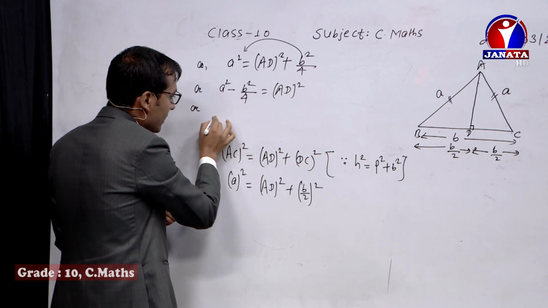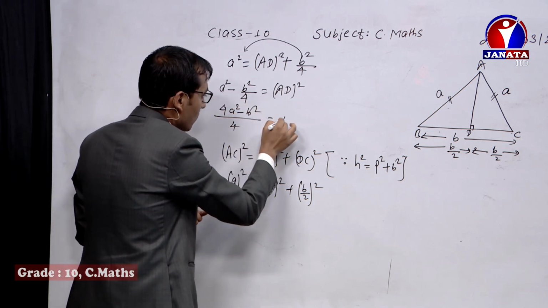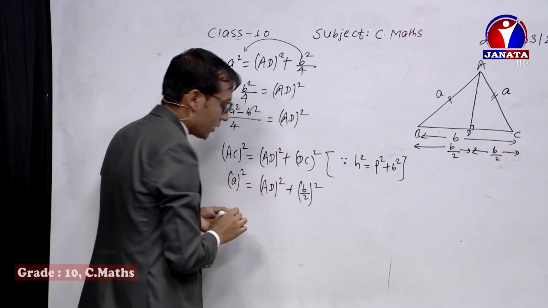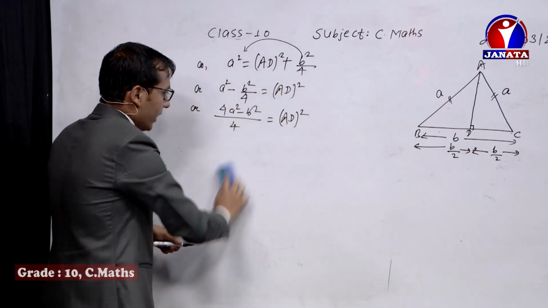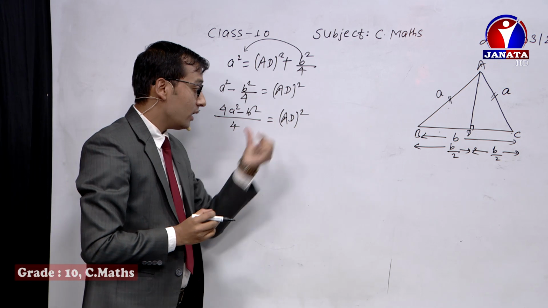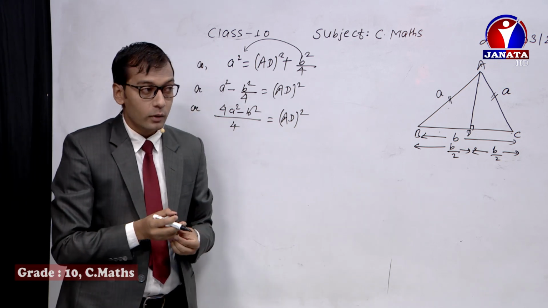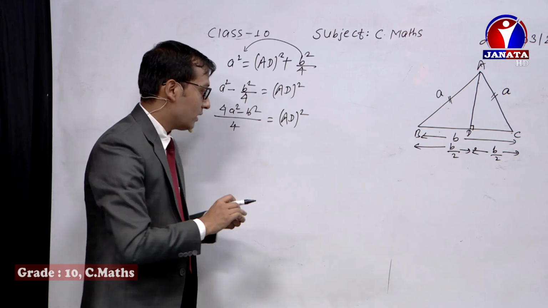Let's take 4 as LCM: 4 times A square minus B square over 4 is AD square. Now we can see on the right hand side it's AD square, and we are searching for AD. For this we can take a square root on both sides and find AD.